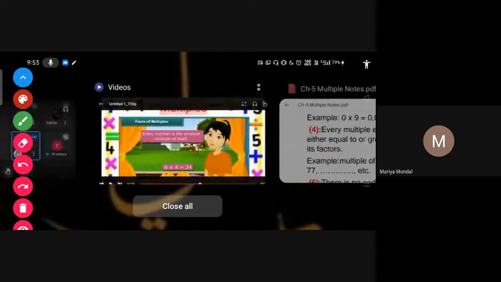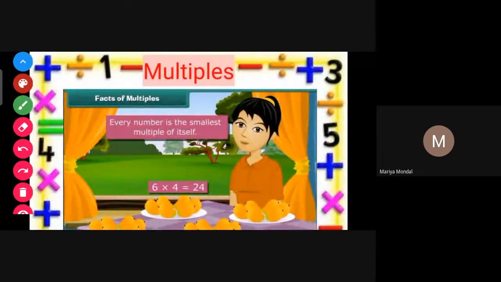And in the FA2 exam, 2 to 3 FBs I asked from notes only. If you have observed, right?